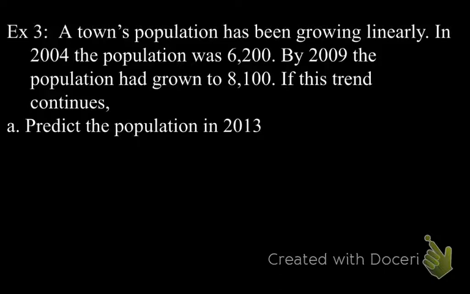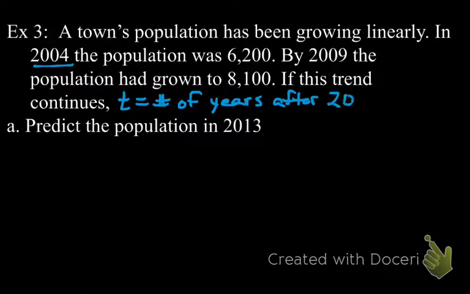So once again, we want to come up with a model, and I think the model is going to be best represented by if we let, let's call it t, if we let t be the number of years after 2004.